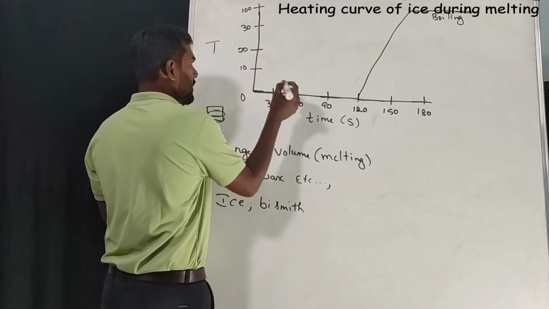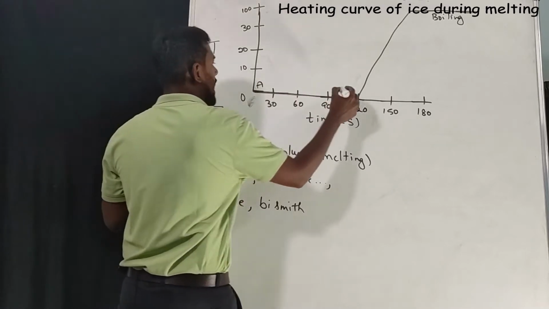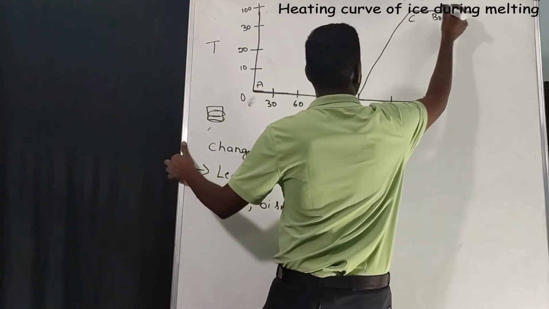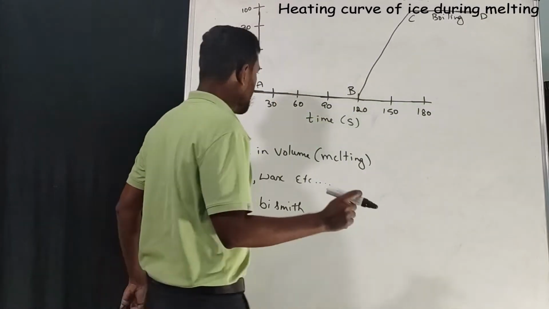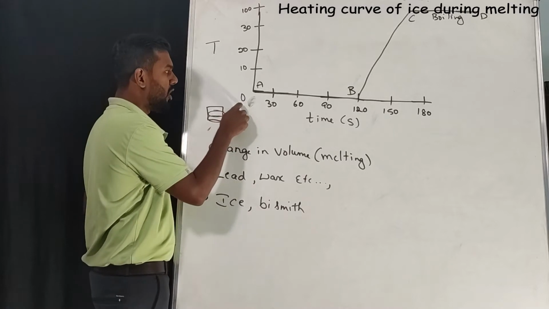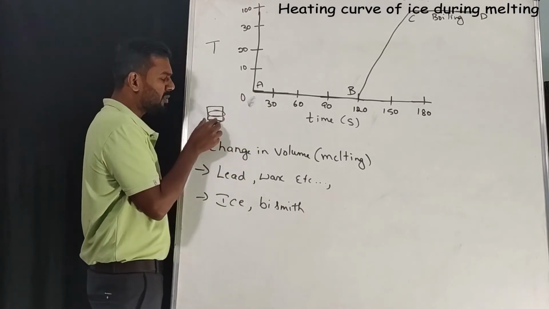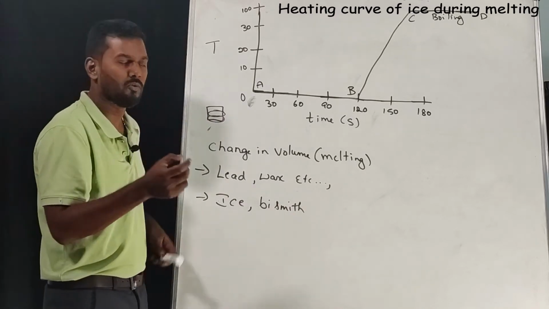Listen, we'll consider this point as A, this point as B, this point as C, and this point as D. Now listen, when the temperature of ice is at 0 degrees Celsius, if you start giving heat, some part of the ice will be converted into water.